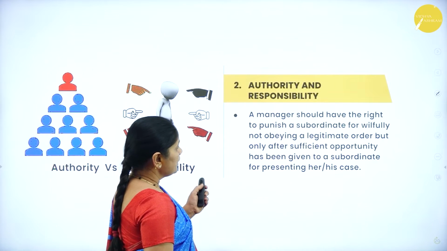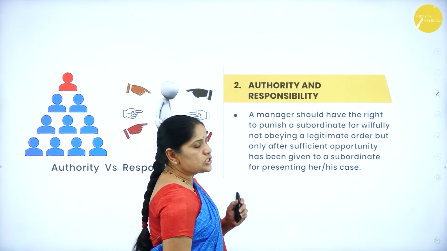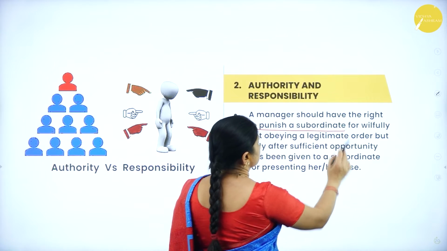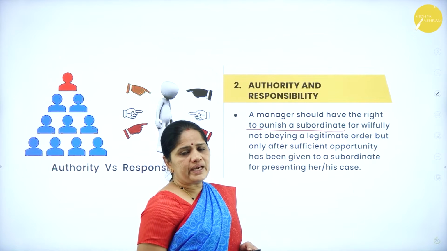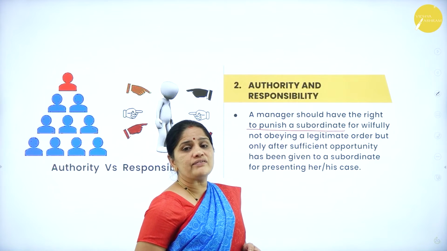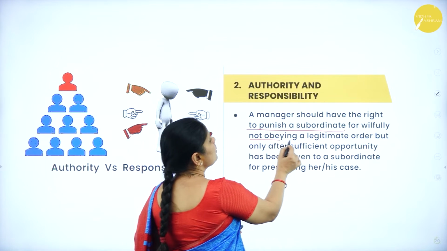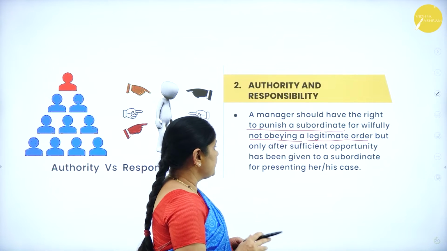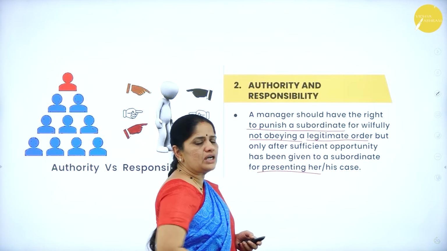Then, in continuation of this authority and responsibility, he should have the right to punish a subordinate also. If the subordinate is not doing the job well, then the manager should have every authority to punish the subordinate for not obeying a legitimate order, but only after sufficient opportunity has been given for presenting his or her case.